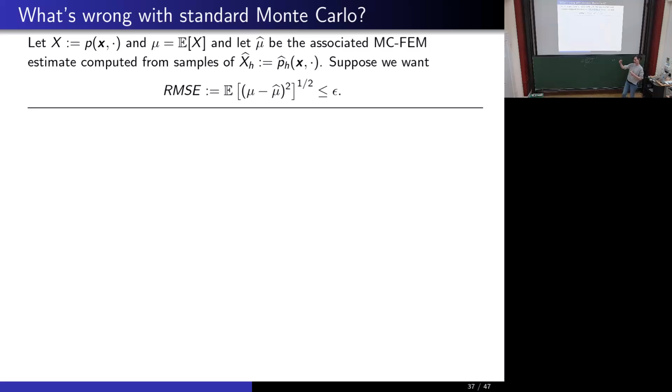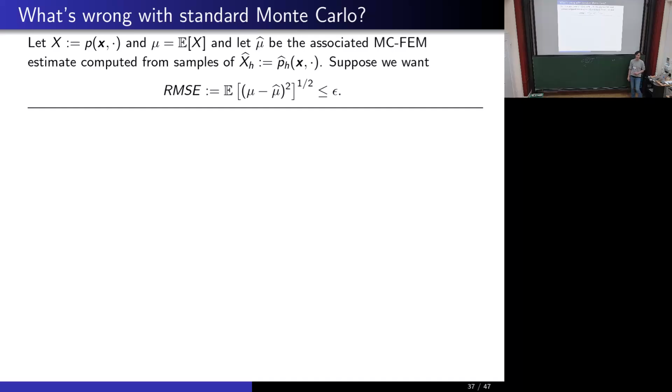One, because I've done my spatial discretization with my finite element method, and the other because I've had to approximate my random coefficients somehow. So I've got a discretization error in there. Samples of X_h hat are not samples of X. When I compute my estimator, I'm computing averages of samples of this random variable rather than the one that I really want.